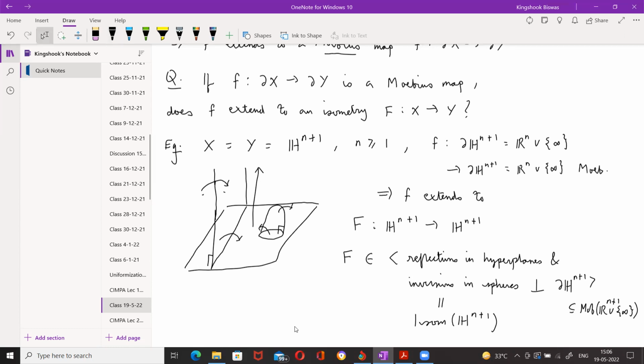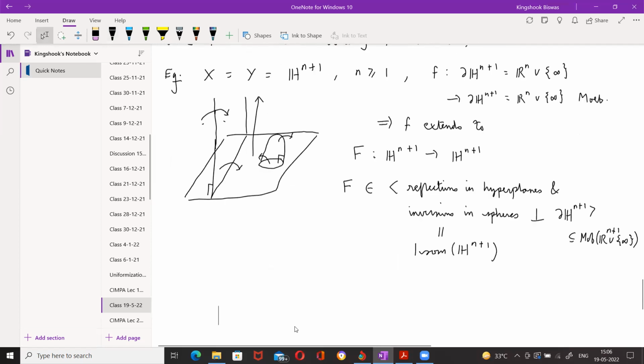So therefore, any Mobius map of the boundary of hyperbolic space to itself extends to an isometry from hyperbolic space to itself. All right. Is this clear? Yes.